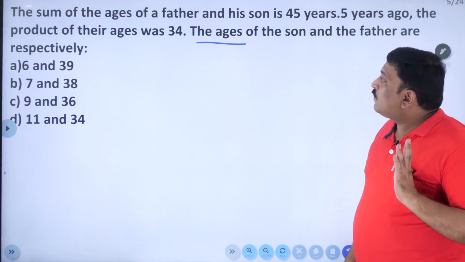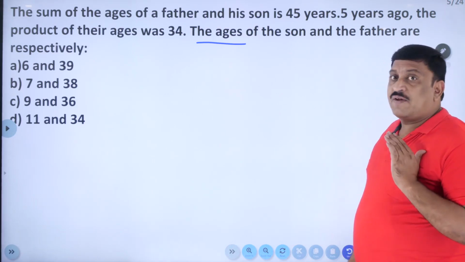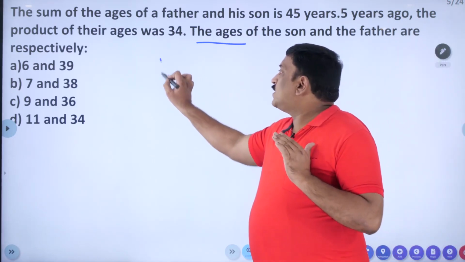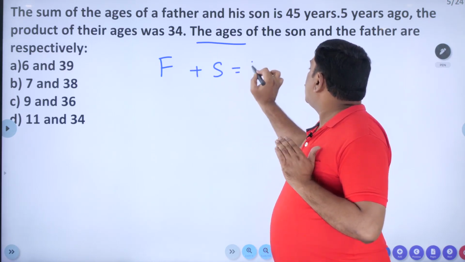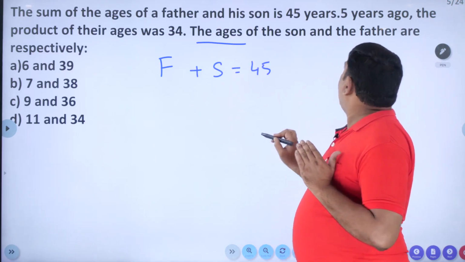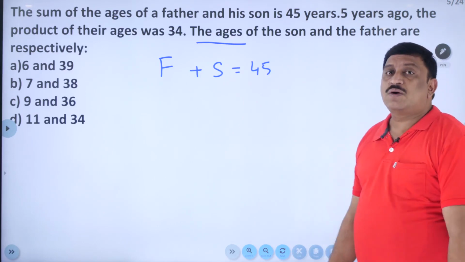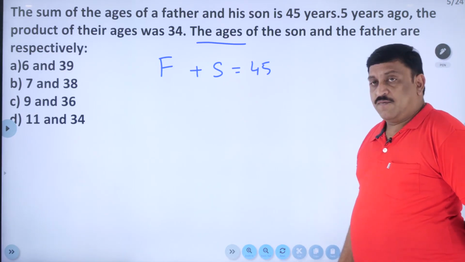The sum of the ages of father and son is 45 years. That means let the father be F and the son be S. So F plus S is how much? 45 years. And 5 years ago the product of the ages was 34.